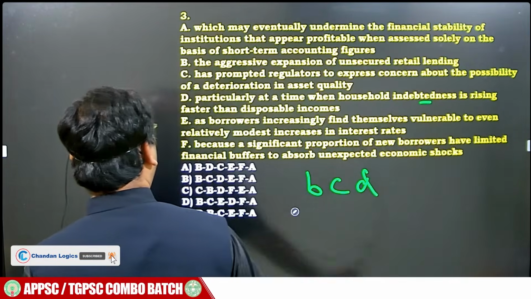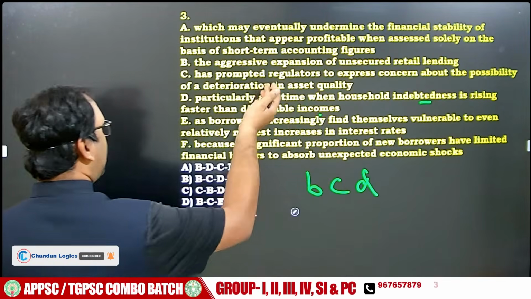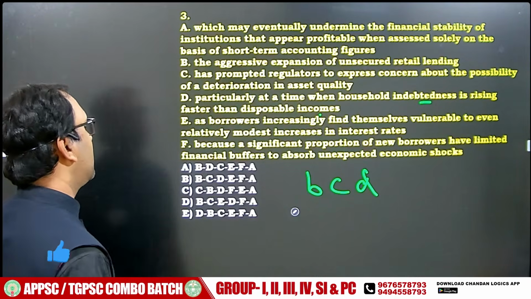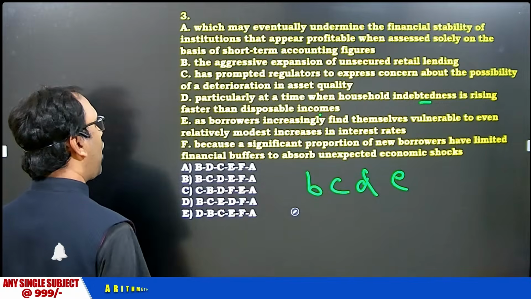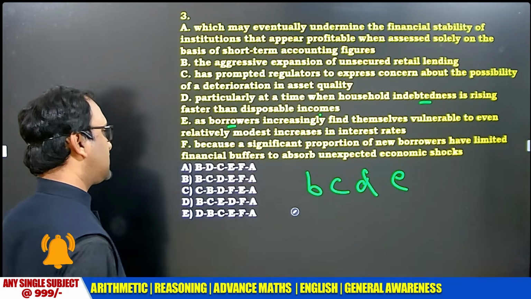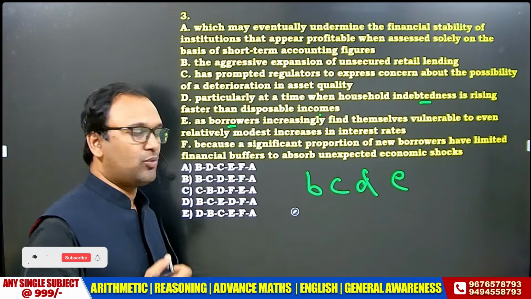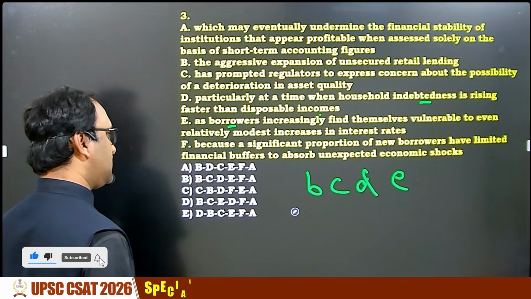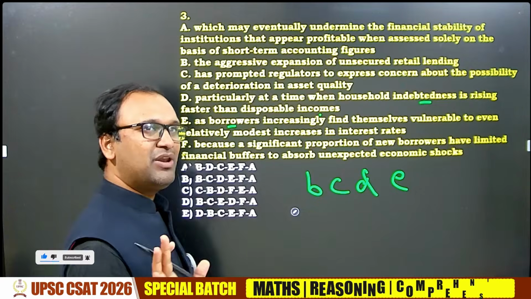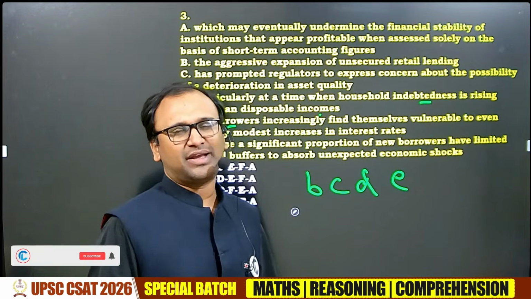They can't repay the loans because income is less and expenditure is more. Why? Because borrowers, people who borrow money, find themselves vulnerable to even relatively modest interest rates.